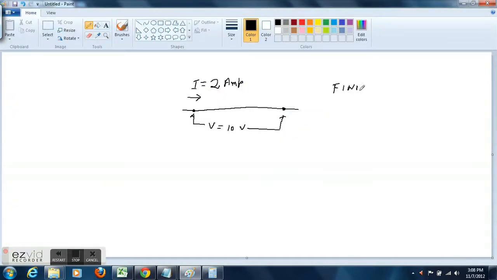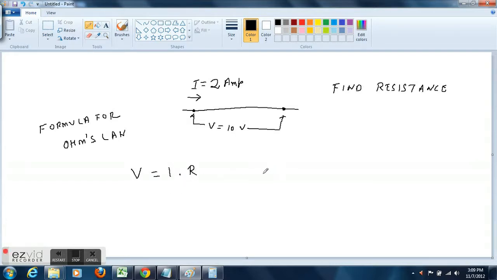We have to find the value of resistance, which is R. So you must have guessed by now, we will be using this formula, V equal to I multiplied by R. That is the mathematical formula of Ohm's law, that is V equal to I multiplied by R.